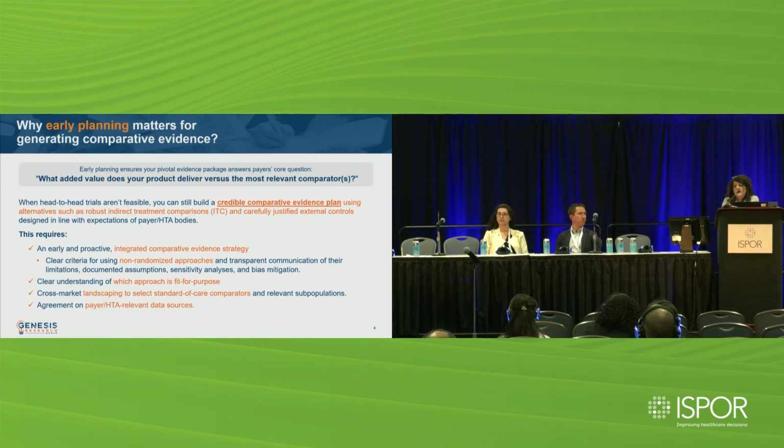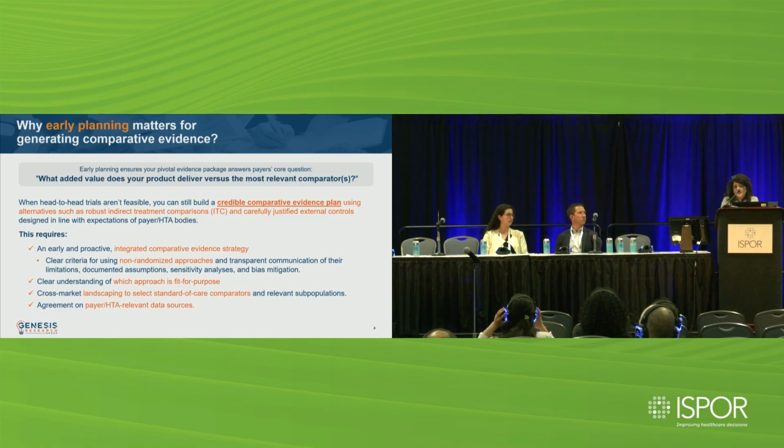What really becomes important in that situation is to understand what is your comparator, in which population, and based on which endpoint. The holy grail when it comes to comparative evidence is to have head-to-head data from clinical trials. But in many instances, you are not able to conduct head-to-head trials to generate comparative evidence.